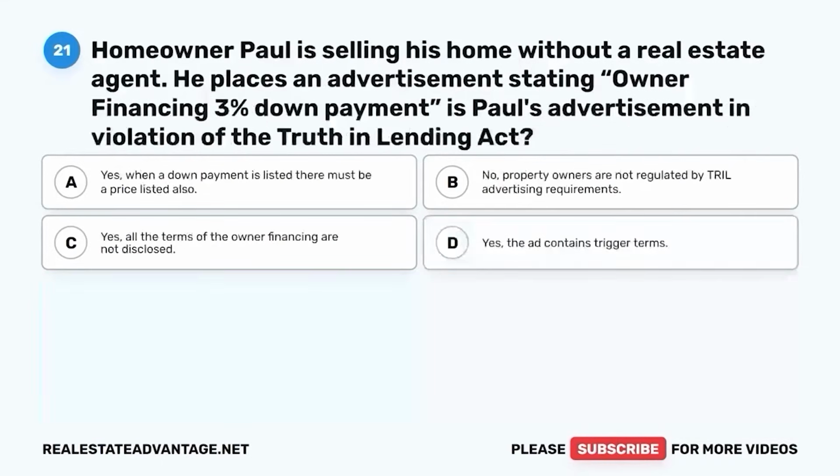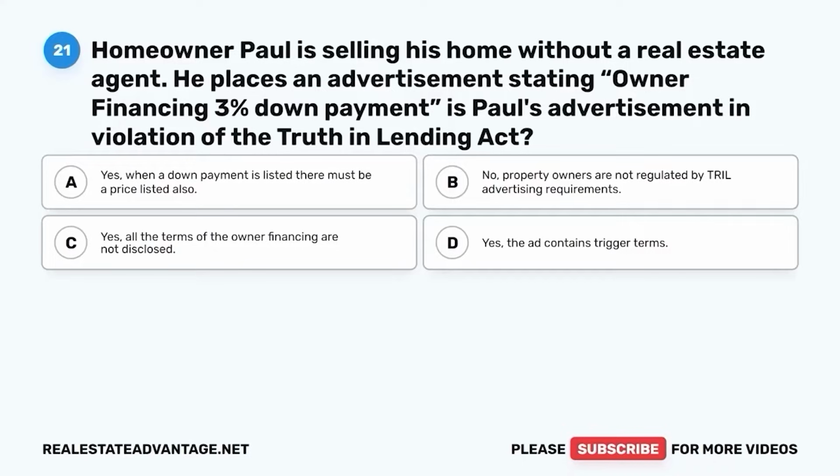Question 21. Homeowner Paul is selling his home without a real estate agent. He places an advertisement stating, "Owner financing, 3% down payment." Is Paul's advertisement in violation of the Truth in Lending Act? A. Yes. When a down payment is listed, there must be a price listed also. B. No. Property owners are not regulated by TILA advertising requirements. C. Yes.